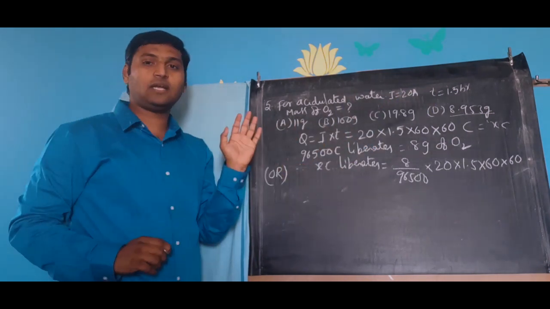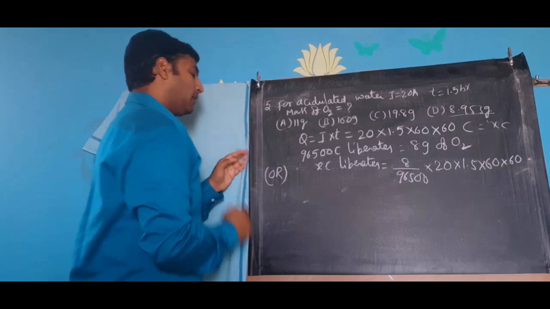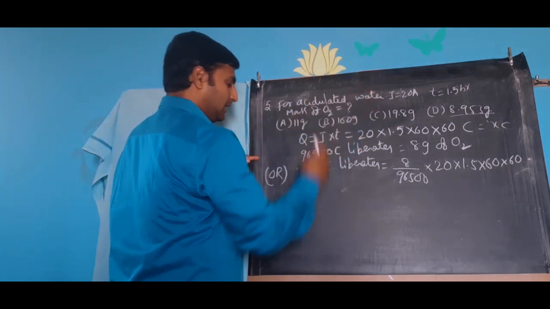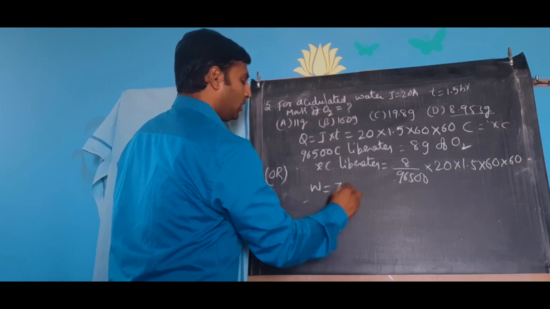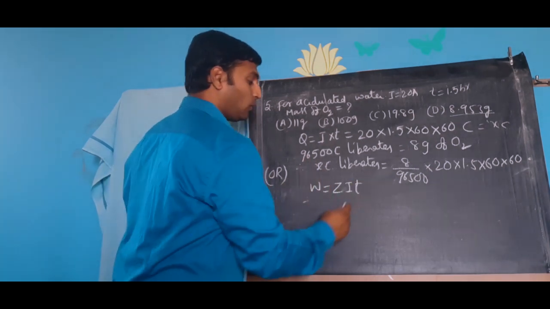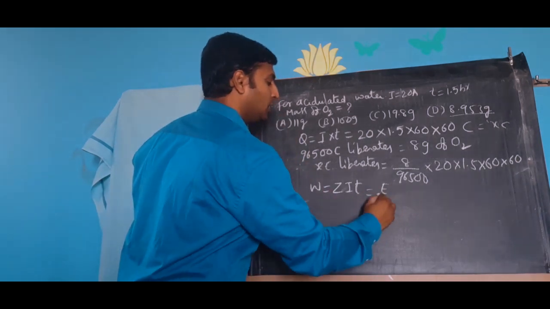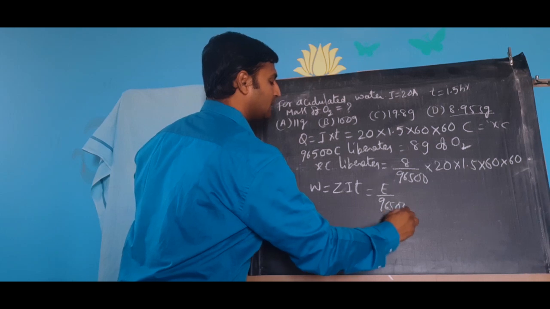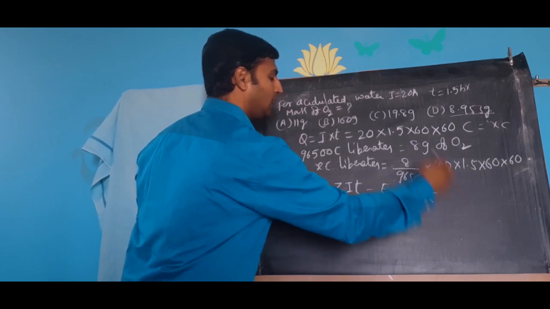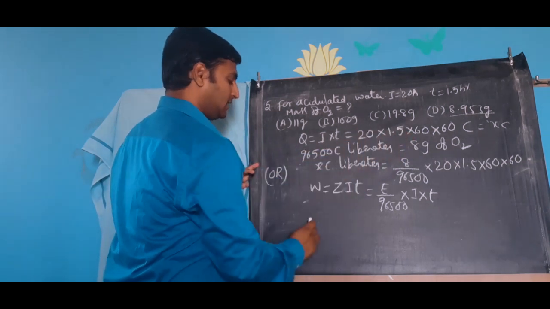Now, using Faraday's first law directly, the formula in terms of current and time is W is equal to ZIT, where Z is the electrochemical equivalent, which is equal to equivalent mass by 96,500. Let me substitute that: equivalent mass by 96,500 into I into T. Direct substitution. Now we know the equivalent mass is 8.